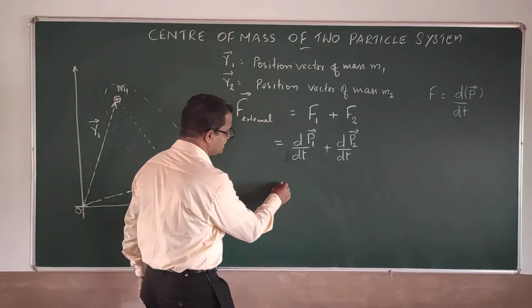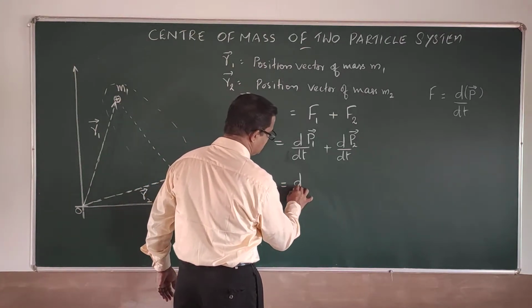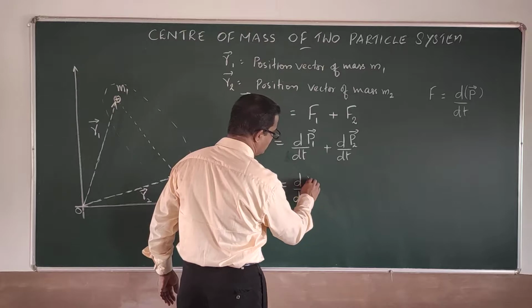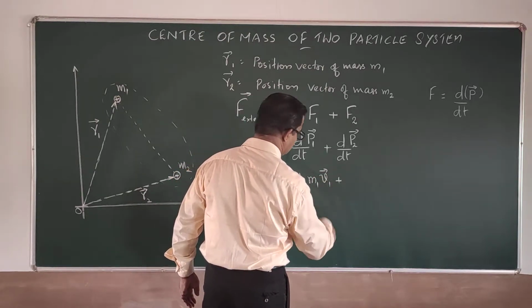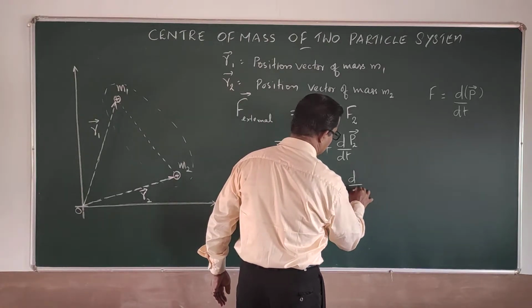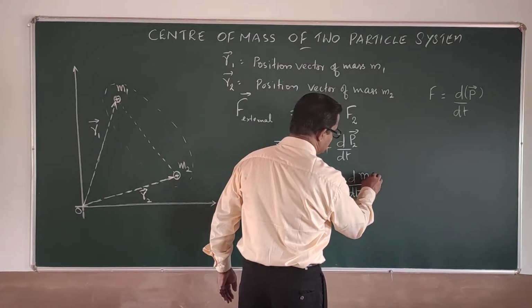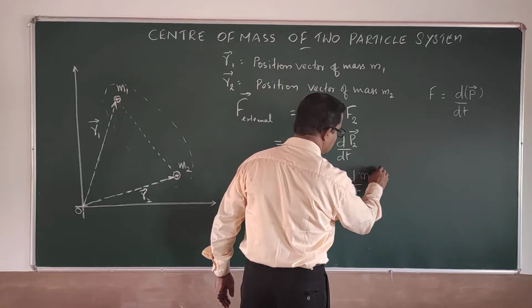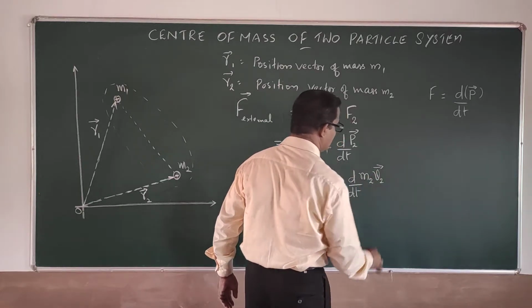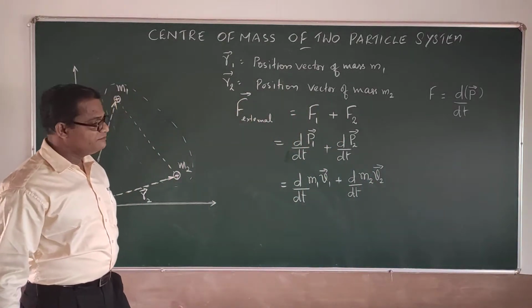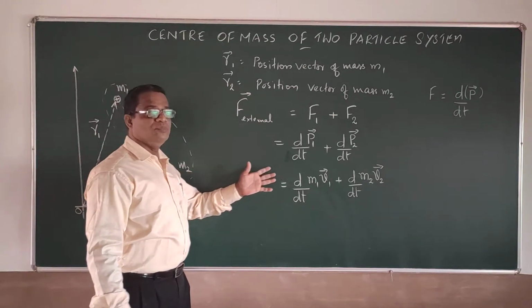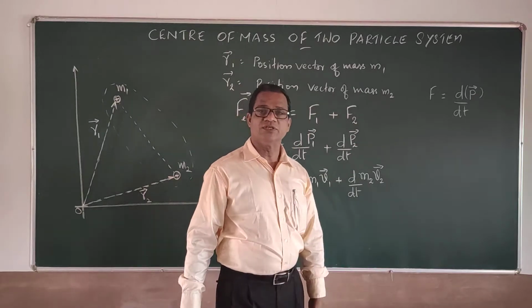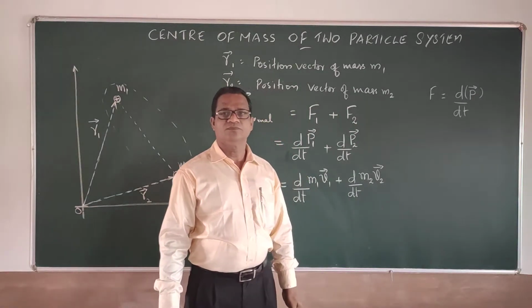And therefore, I can split this as d by dt of m1 v1 plus d by dt of m2 v2, where v1 and v2 are the velocities experienced by mass m1 and m2 because of the forces F1 and F2 acting on it. Clear?